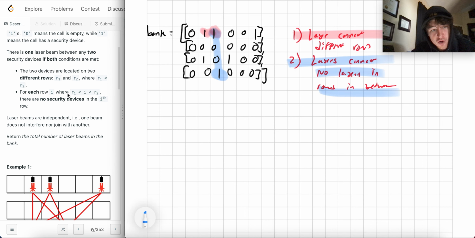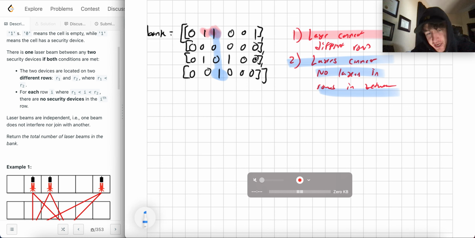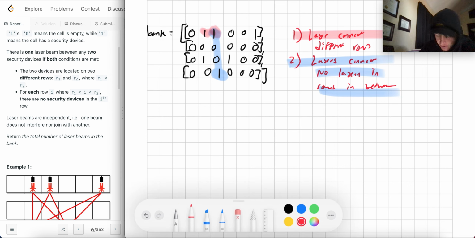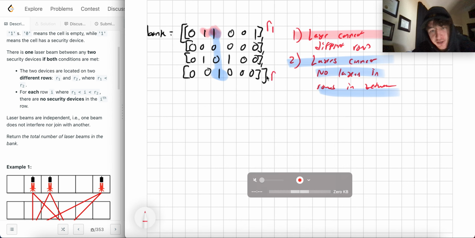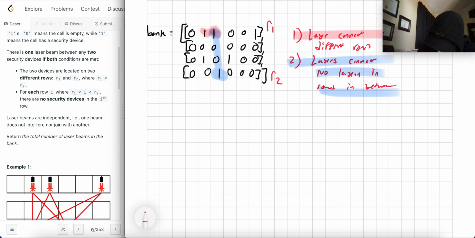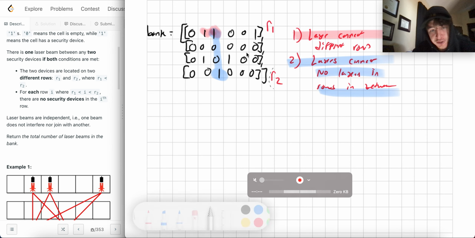For each row i with R1 less than i less than R2, there's no security devices in the ith row. Since there's a security device in this row, this is my R1 and this is my R2, but nothing from R1 can connect to R2 because there's lasers in rows between. Versus in this case, they can connect R1 and R2 because there's no lasers in the rows in between R1 and R2.